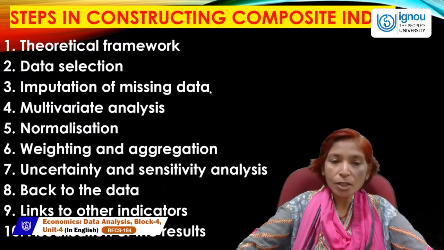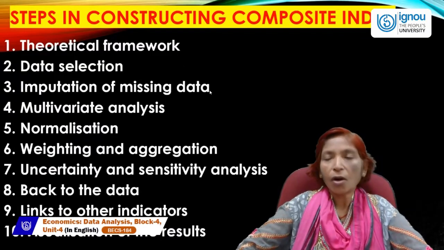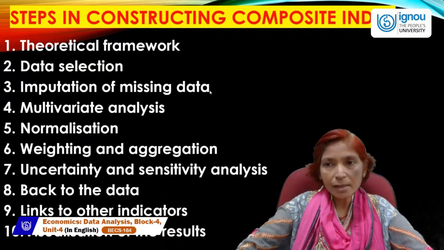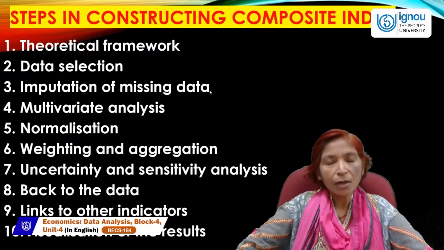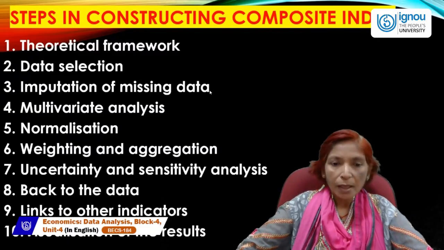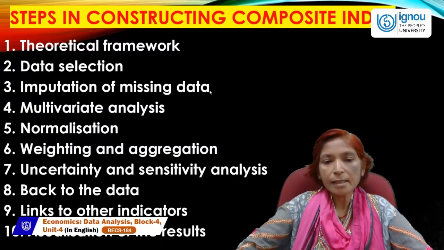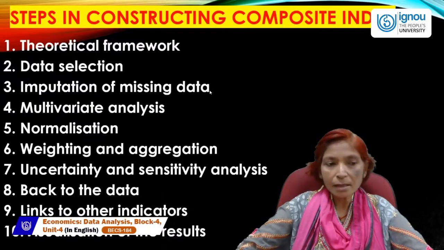So weighting and aggregation is how we can give weight or aggregate things according to their importance or value. Next is uncertainty and sensitivity analysis.